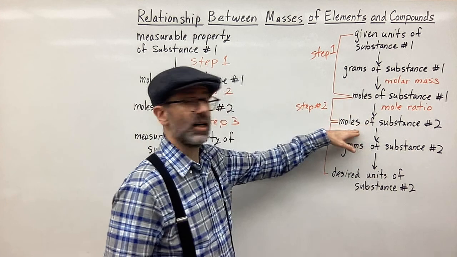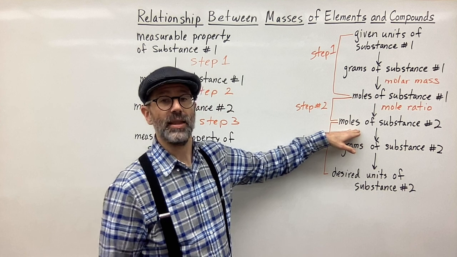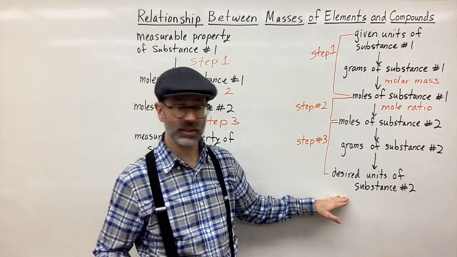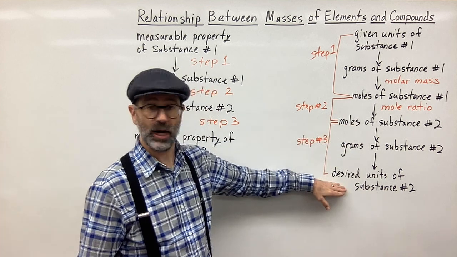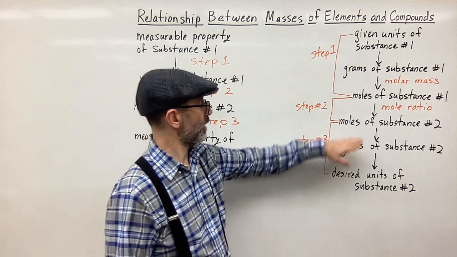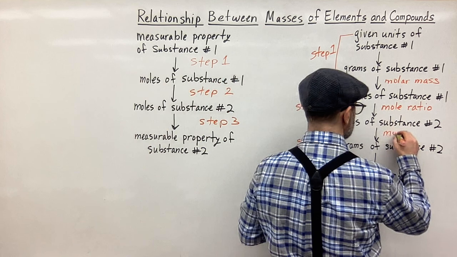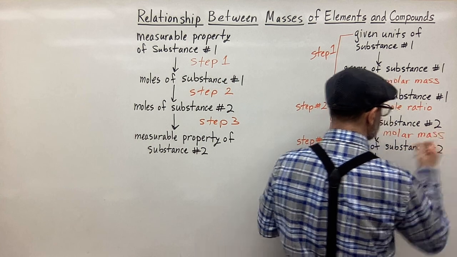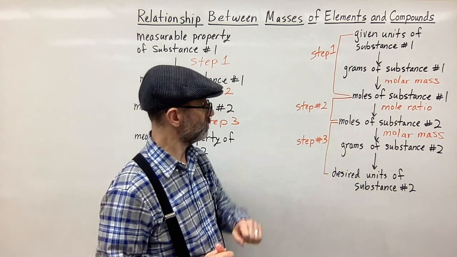Once you get the moles of your substance number 2, whatever that is, then step 3 is converting to whatever desired unit they're asking for. If that's a mass unit like kilograms, I'll have to use the molar mass of substance 2 to convert from moles to grams.